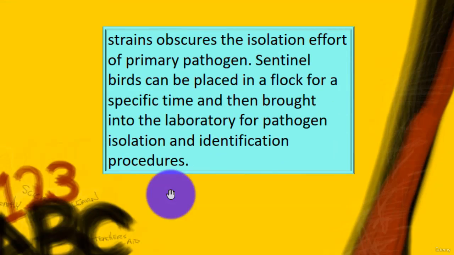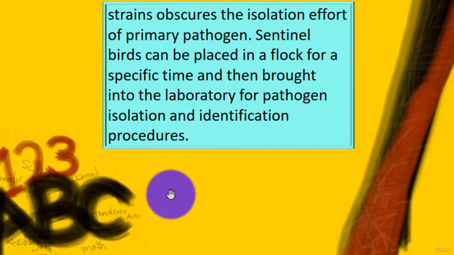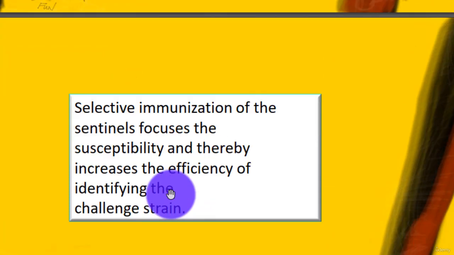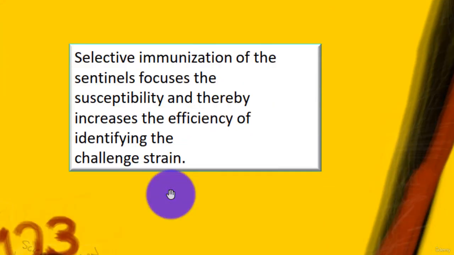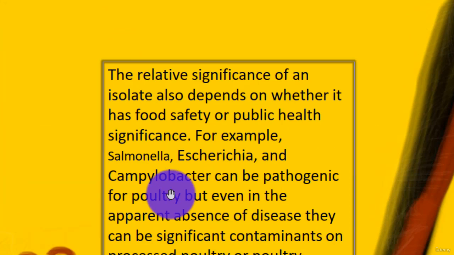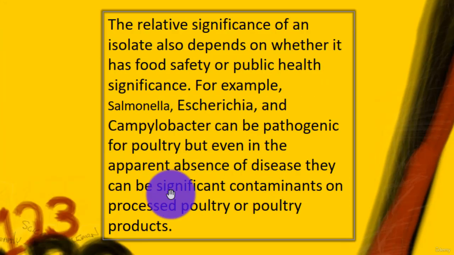Sentinel birds can be placed in a flock for a specific time and then brought into the laboratory for pathogen isolation and identification procedures. Selective immunization of the sentinels focuses the susceptibility and thereby increases the efficiency of identifying the challenge strain.